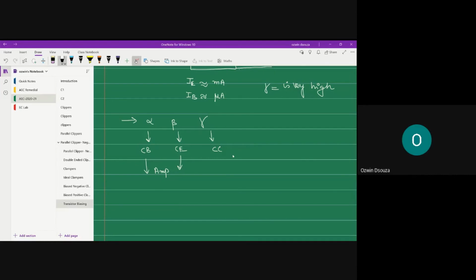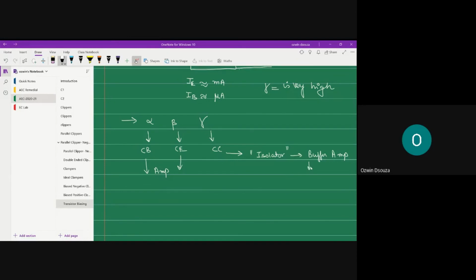On the other hand, your common collector is not used as an amplifier. Instead, it is used as an isolator, also called a buffer amplifier.